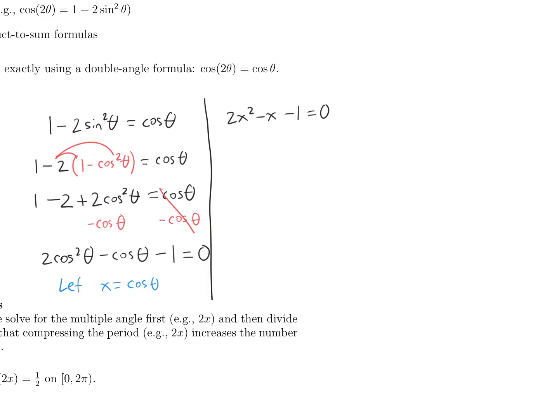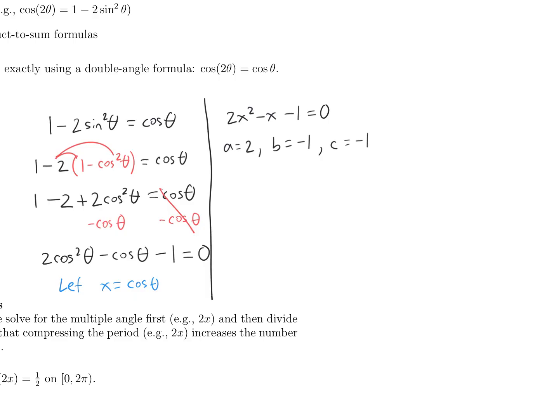You can try to factor this, and I believe this one is factorable, but it's not as easy to recognize as the ones that have a leading coefficient of 1. So I'm just going to go ahead and apply the quadratic formula. You have the choice of trying to factor or going straight to the quadratic formula. I'll leave that up to you.